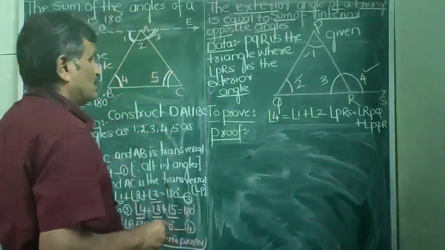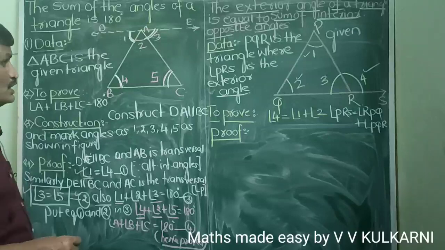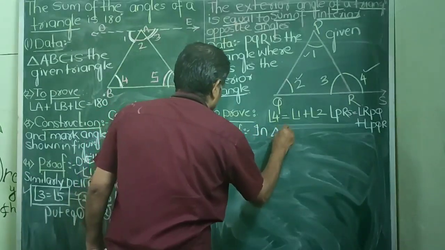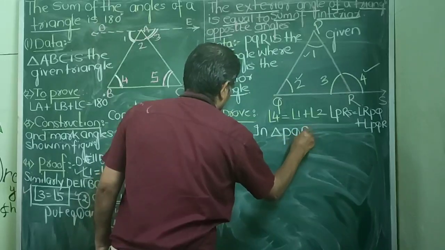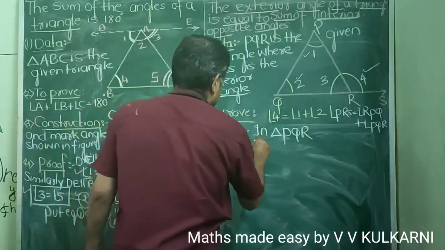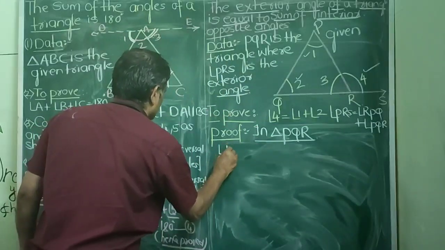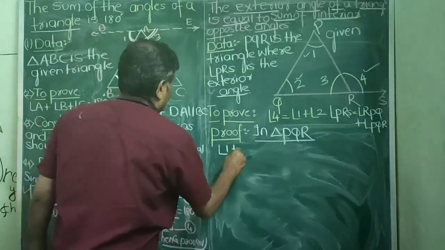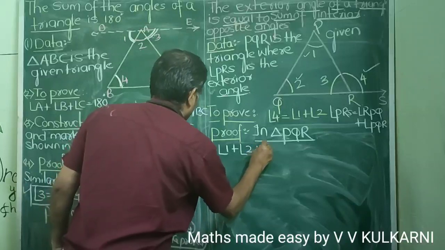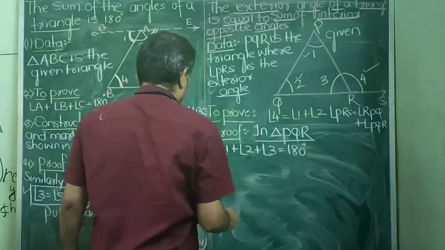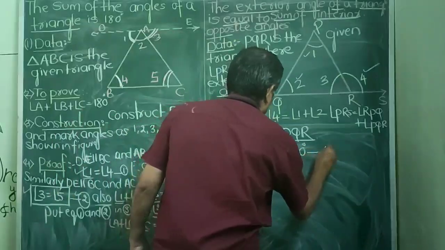Now let us see the proof. See, in triangle PQR, what I can say here is angle 1 plus angle 2 plus angle 3 is equal to 180 degrees. This I will call equation number 1.